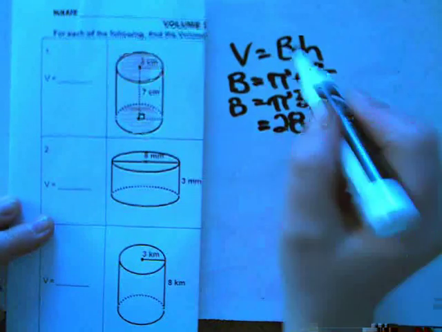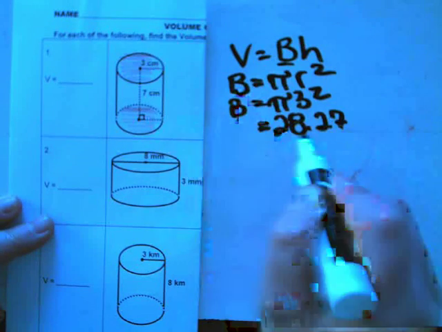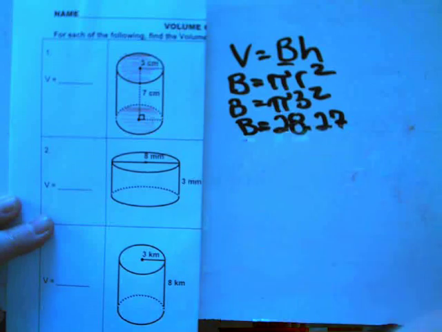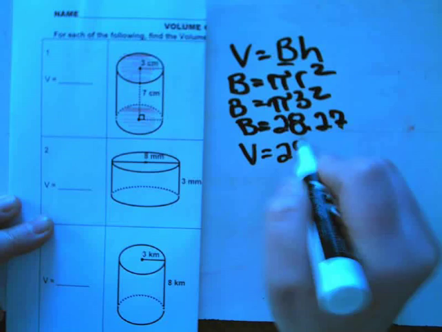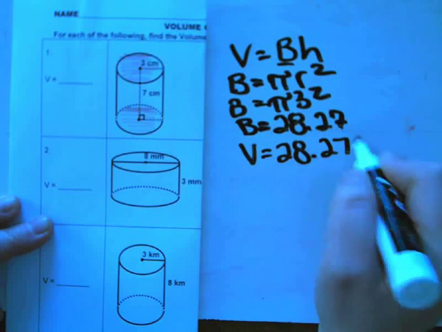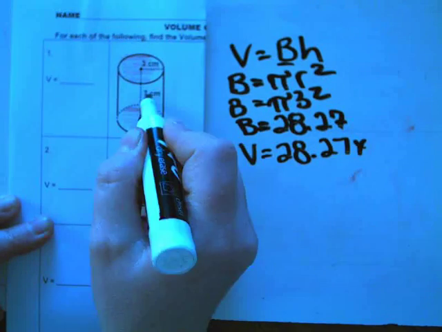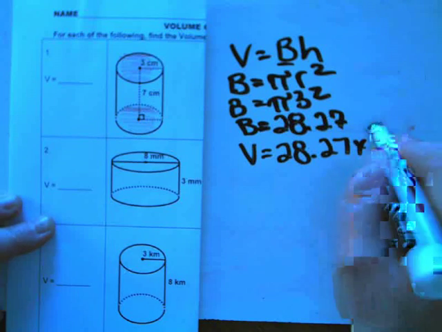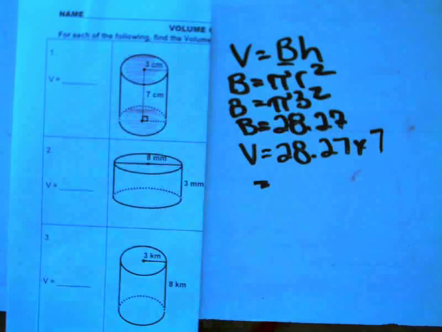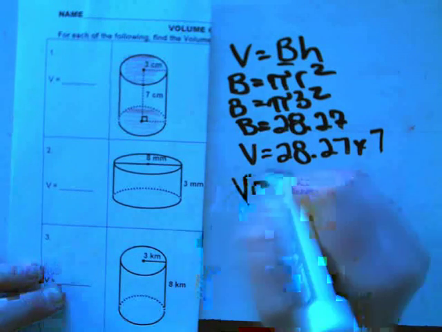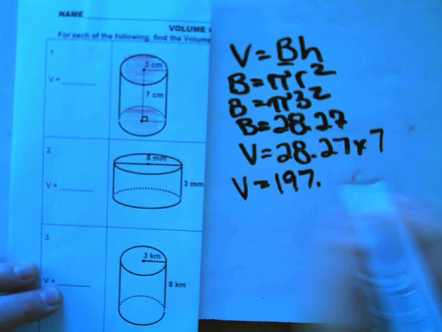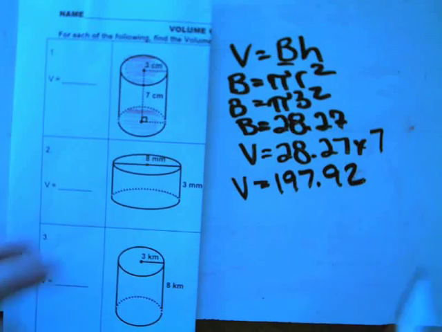Okay, now I go back to the original formula and I plug in 28.27 for B. So volume equals 28.27 times the height of the cylinder. In this case, it's 7. And now I get a volume of 197.92.